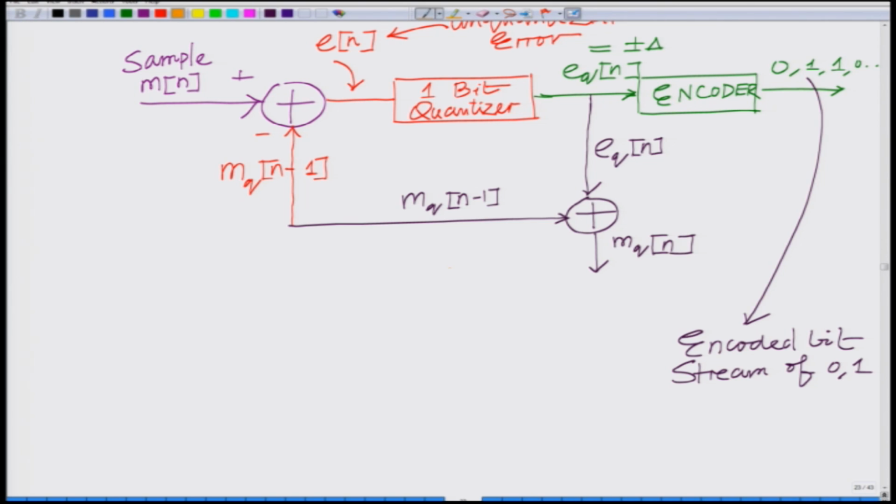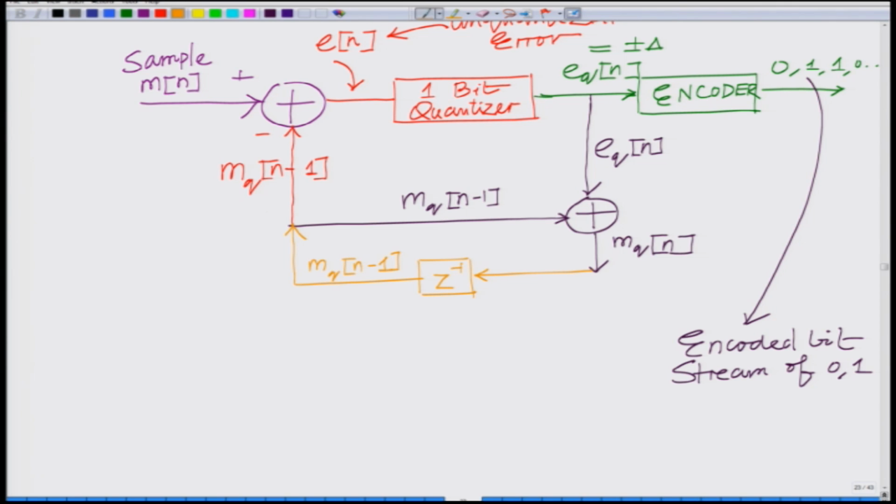Now this mq[n] you pass through a delay of one sample.